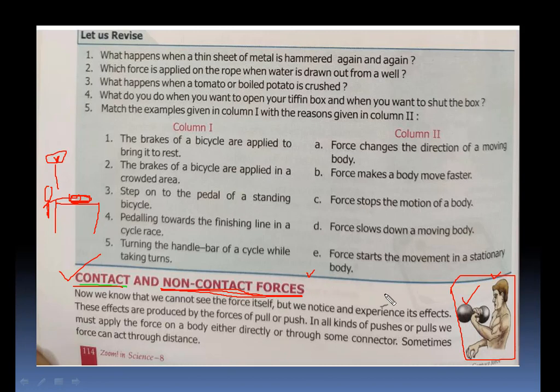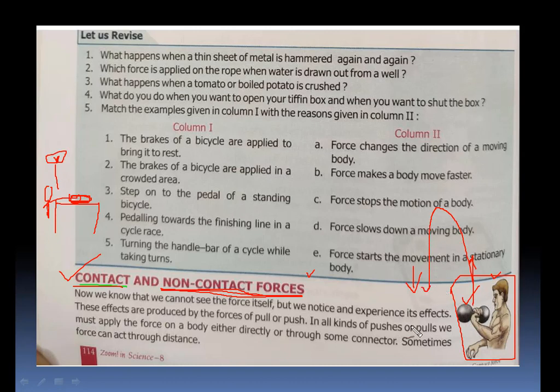For example, gravitational force. Okay. Now suppose this boy will throw this dumbbell in the upward direction. Then this dumbbell will move upward. Why? Because this boy has applied some force on it. Now, due to the gravitational pull, the dumbbell will automatically move in the downward direction.